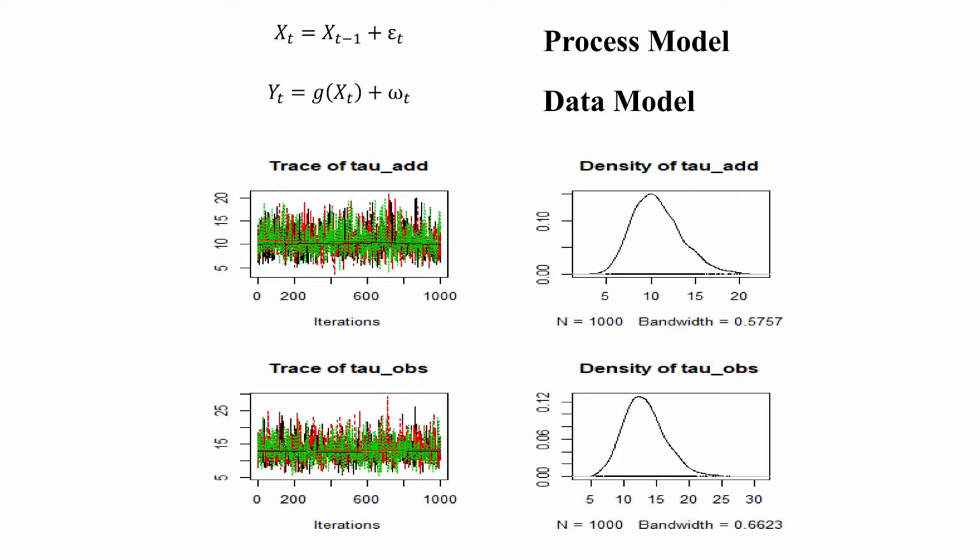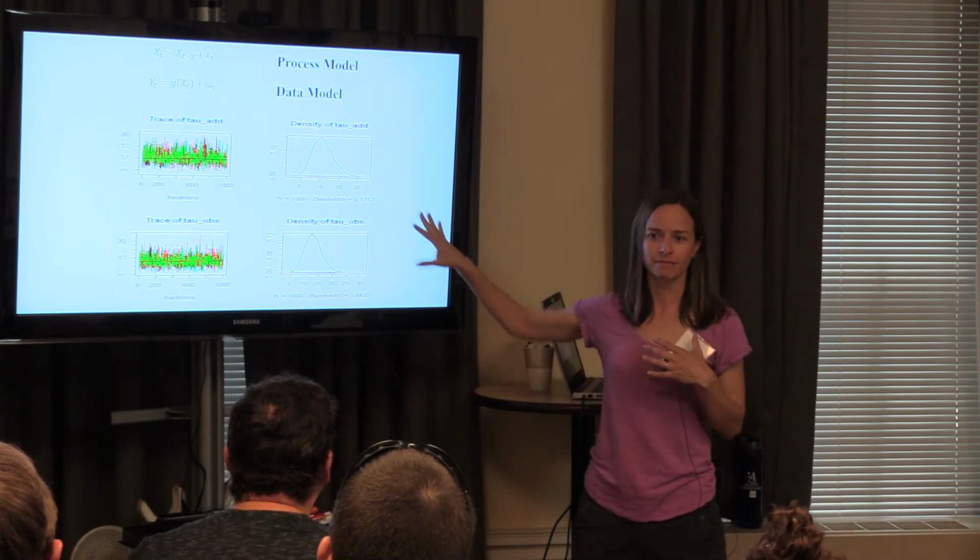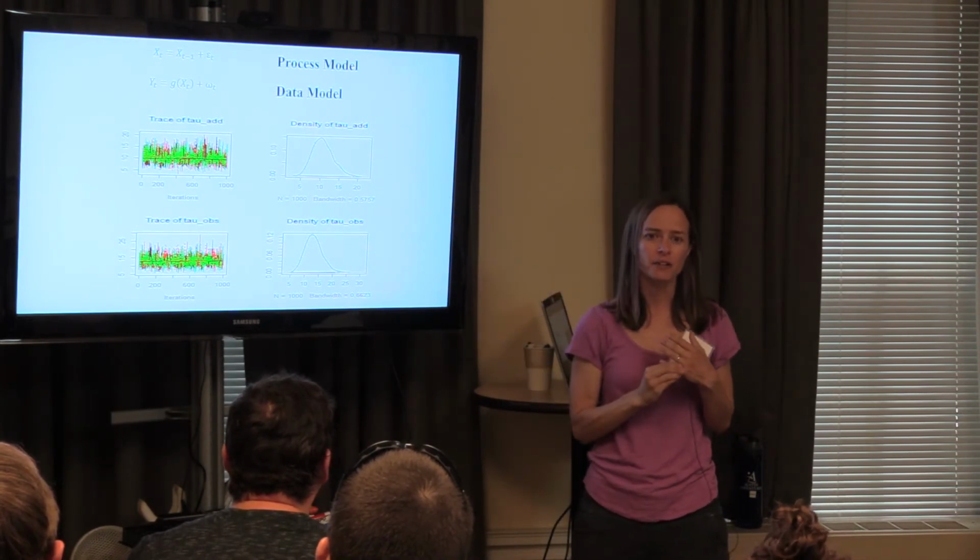But this is one of the strengths of a state space model, that you can partition observation and process error. But it can also be really difficult to partition observation error and process error. You can get real trade-offs among the two, and you could see some kind of bivariate densities come out.